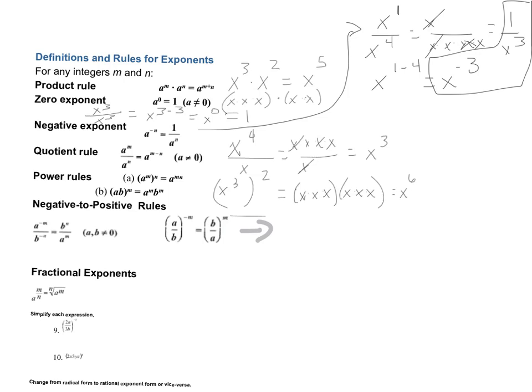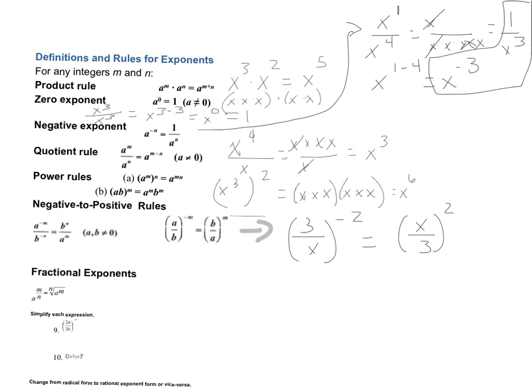Maybe if we had a 3 on top over an x on bottom, and this whole thing was raised to the negative 2 power, if I wanted to write this with positive exponents, all I have to do is flip the fraction, because the negative tells me everything's got to change location. What's on top is going to go to the bottom, what's on bottom is going to go to the top, and then my exponent would be positive. So that's going to be the same thing as x on top, 3 on bottom, raised to the positive 2 power.